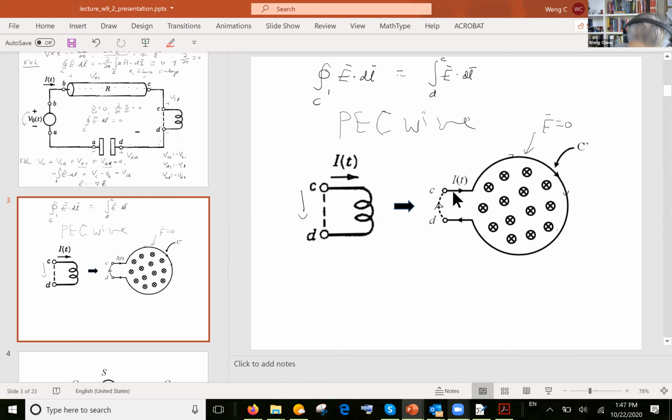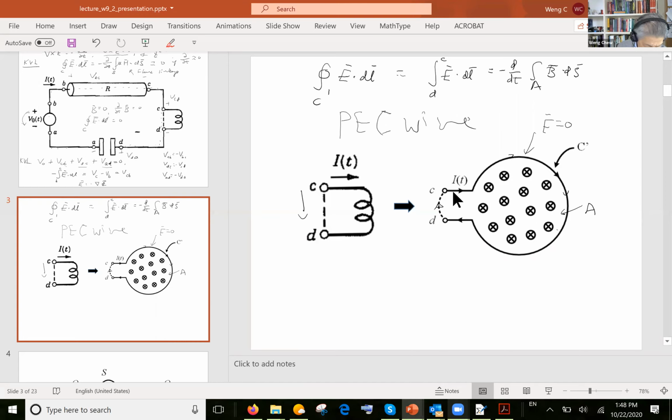The right-hand side of Faraday's law is not going to be 0. If I remember, the right-hand side can be written as B dot ds over the cross-sectional area A of this loop.